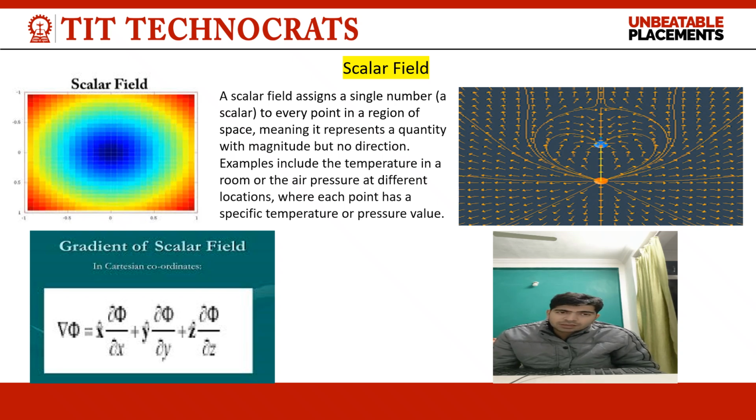Suppose you take one example in which you use a scalar field. The best example is the temperature in a room. At every point of a room, there is a different temperature.